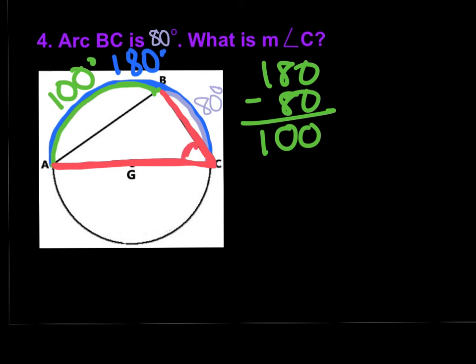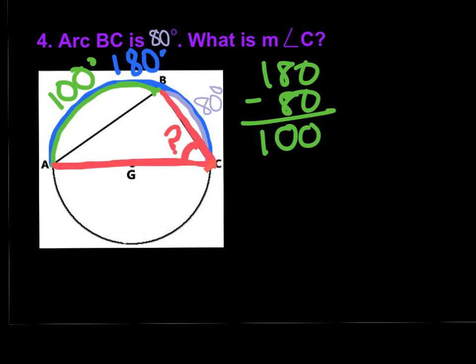Here's angle C, and that's what I'm looking for. Well, this angle, angle C, is an inscribed angle. It's not a central angle because the vertex is not in the center. The vertex is over here on the outer part of the circle. So this makes this an inscribed angle.